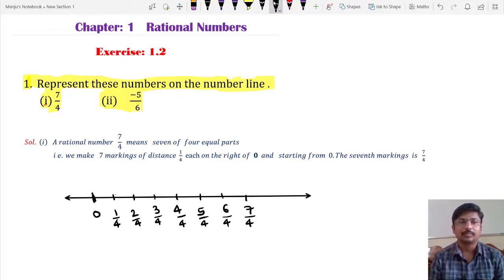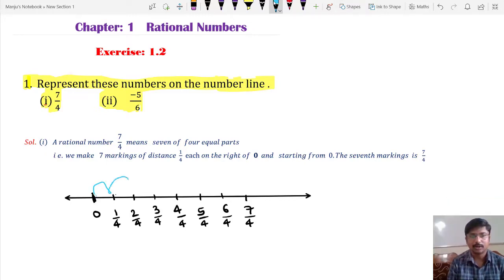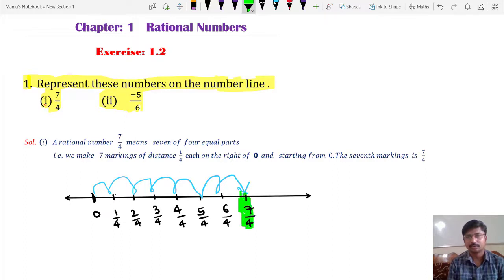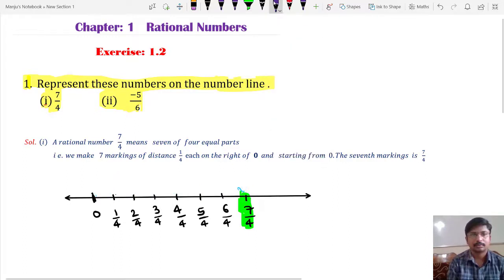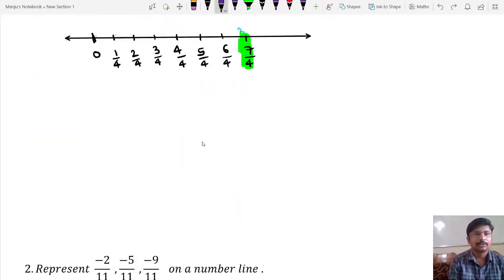Now see here, we make 7 markings of distance 1/4 each on the right side of 0. Starting from 0, 1, 2, 3, 4, 5, 6 and the 7th marking represents 7/4. Okay, dear students, understood? You have to solve this. Now I will give you a hint about the second one.